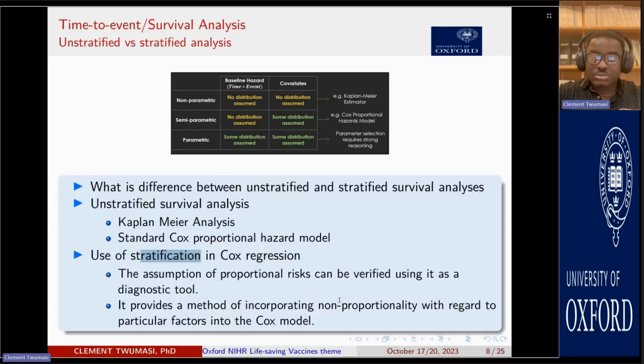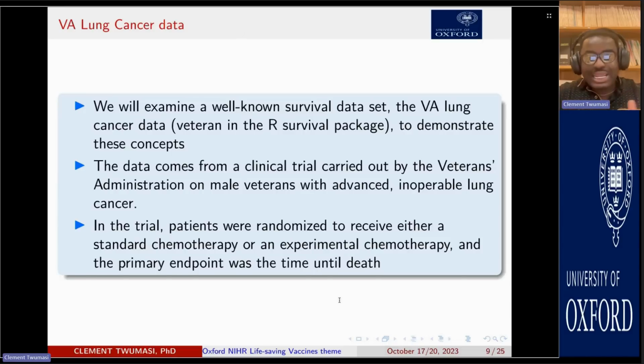Constant hazard assumption. To make life easier, we are going to use a well-known data set to explain some of these things and look at, if you are doing survival analysis, what are some of the most important things we need to achieve or report on. We are just going to use data obtained from the Veterans Administration.